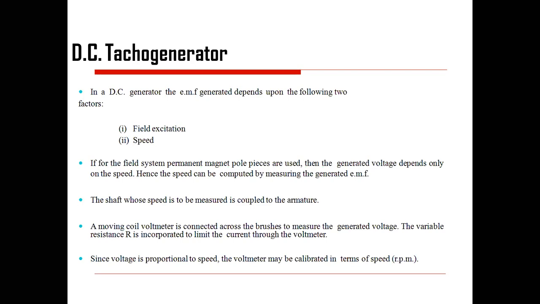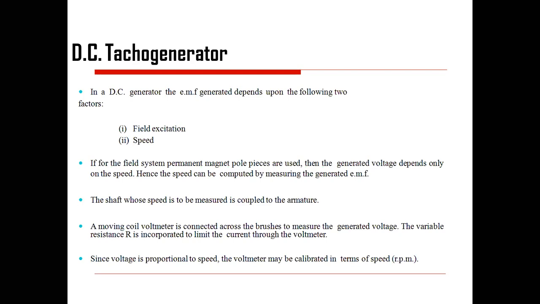Here we are interested in measuring the speed, so we are going to vary the speed, and this is going to provide the output in terms of voltage that can be calibrated in terms of speed, because whatever input speed we provide is unknown to us and we are interested in measuring it.